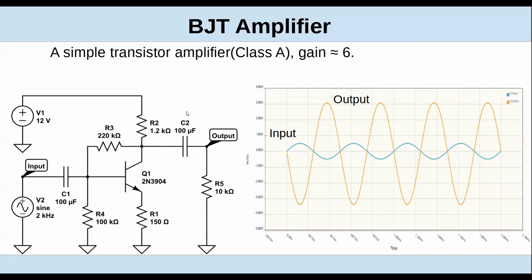Okay, here's a class A that I threw together, and it actually seems to work. Been a long time since I designed an amplifier. It's set up for a gain of 6, and you can see the input waveform versus the output waveform. You notice there's a 180-degree phase shift, which is fairly typical, but there's no distortion that you can see.